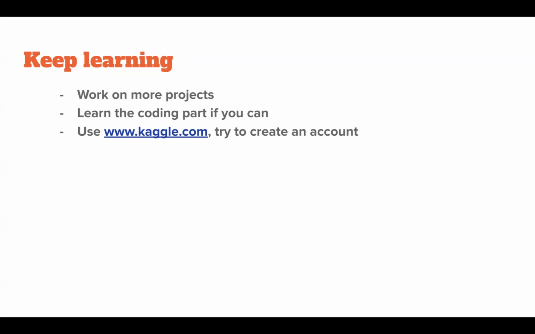Kaggle is also one of the best places to get data. So I'm going to be showing you how to navigate Kaggle. When you want to use Kaggle for yourself, it becomes easier. If you are a data analyst, you can go to Kaggle and download data. So without further ado, let me just show you what's going on.